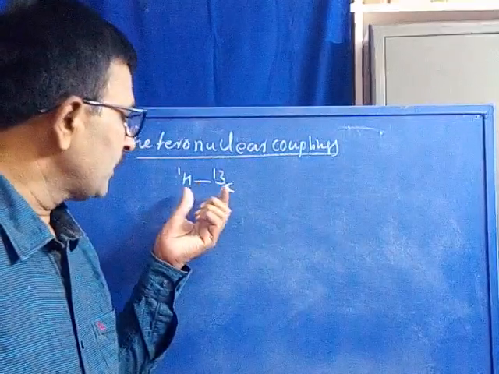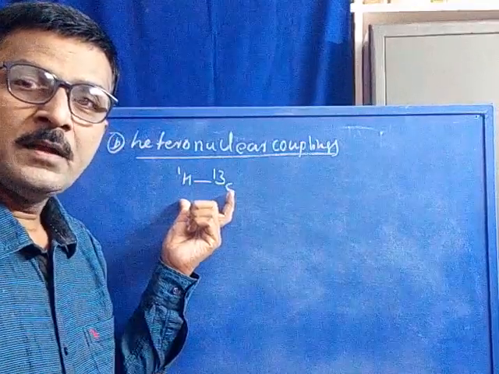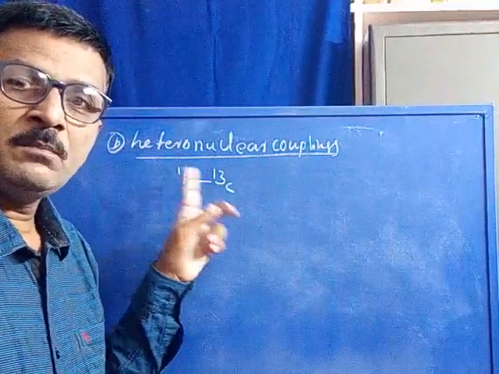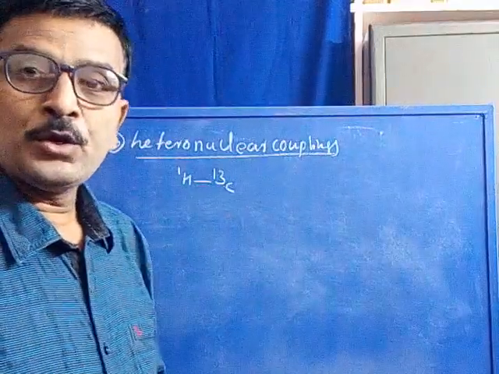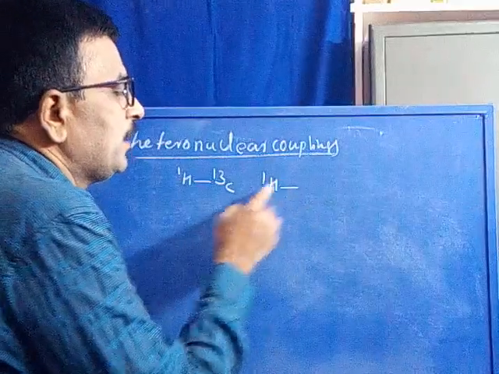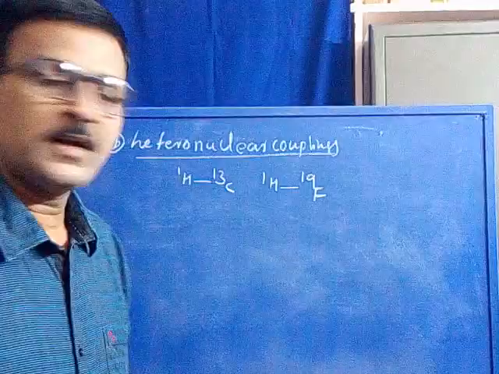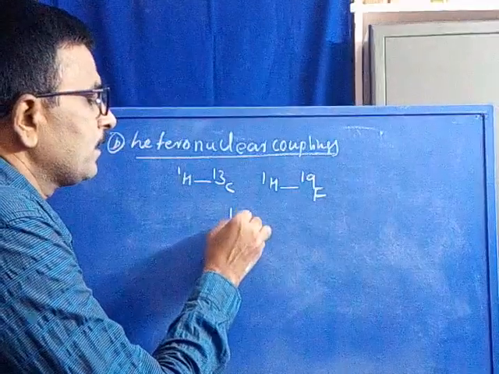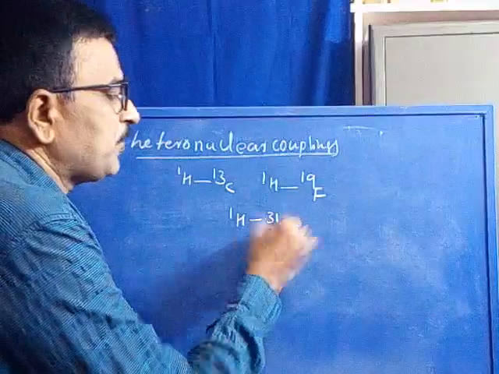Now here, of the spin active nuclei involved in the coupling, one belongs to a hydrogen atom, the other belongs to a carbon atom. Therefore, it is heteronuclear coupling. Or a coupling interaction between hydrogen nuclei and nuclei of fluorine, heteronuclear coupling, or an interaction between hydrogen nuclei and 31 phosphorus nuclei.